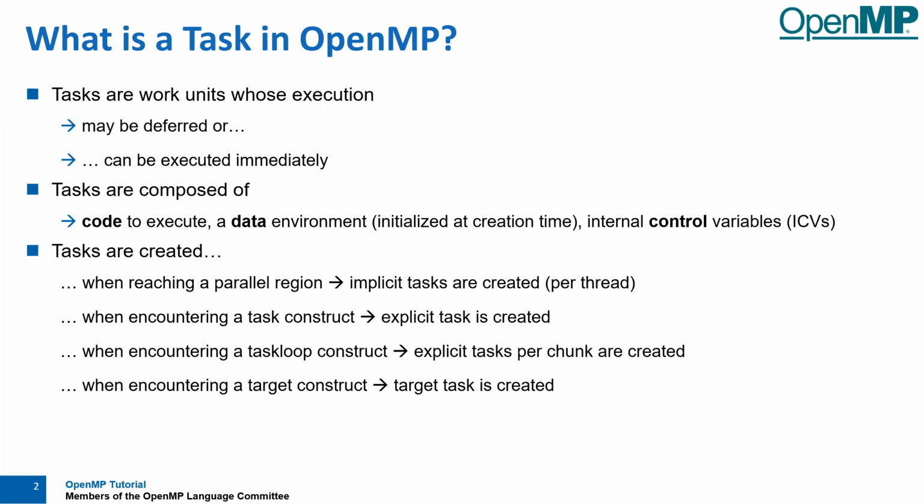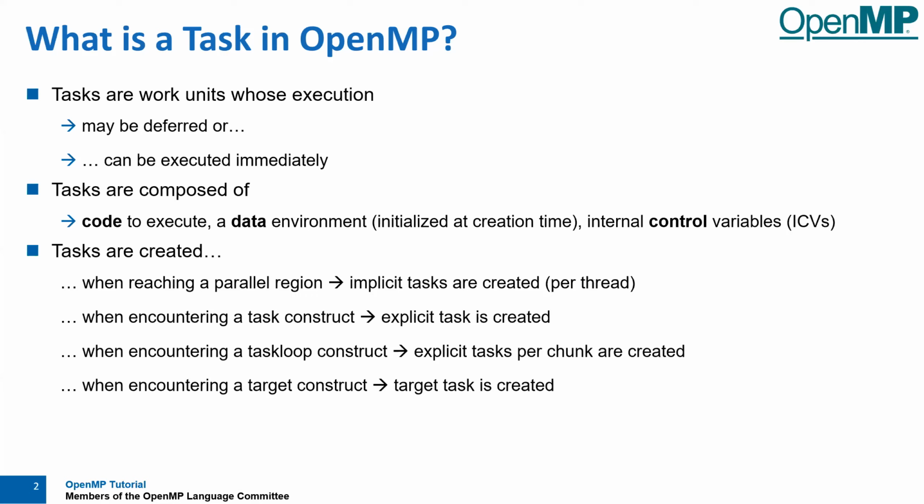Either that work can be deferred, in OpenMP language, meaning executed at a later point in time, or OpenMP may decide that everybody in the system is already quite loaded, so that work is executed immediately. Basically, you just specify that you don't care when exactly it is executed and that it may be executed concurrently, and OpenMP will take care of executing that unit of work.